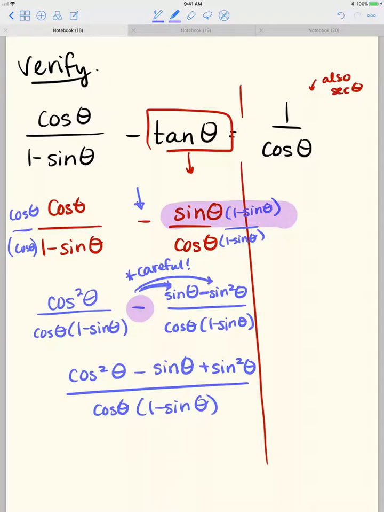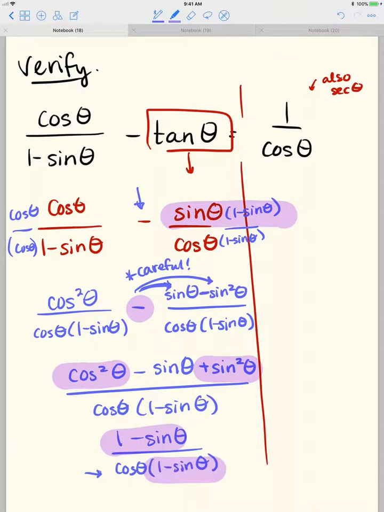Next thing I'll note in my numerator to clean that up is I have a cosine squared plus a sine squared. Cosine squared plus sine squared is 1. So I have 1 minus sine theta in my numerator. And then I have cosine times 1 minus sine theta in my denominator. So this is a good example of where you don't multiply out and distribute in the denominator until you have cleaned up the numerator, because you'll see for this problem we have the quantity 1 minus sine theta in both the numerator and the denominator, and you can cancel those.